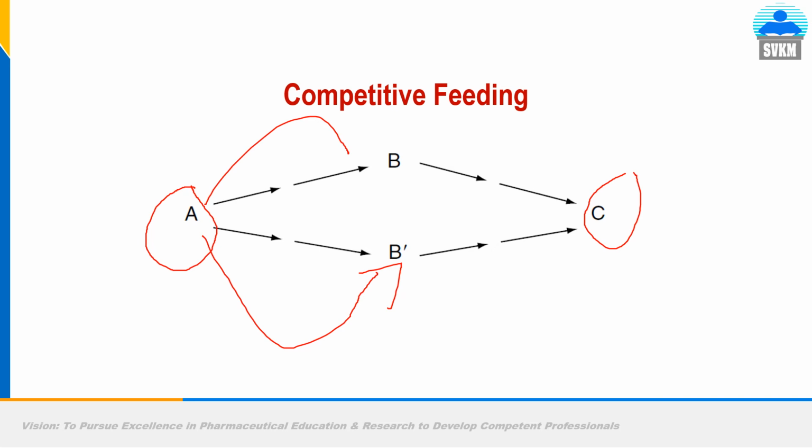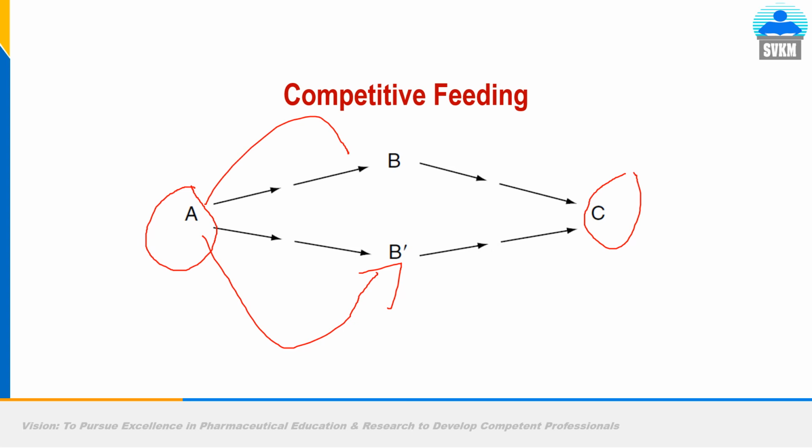They are the intermediates B and B dash, from A to C, but the route is not directly A to C. The route is A to B or A to B dash, and either B will make C or B dash will become C. But exactly which one, B or B dash, is being utilized for the formation of C? In one plant, we will give B and the plant will produce C. In another plant we will give B dash and it will give C.